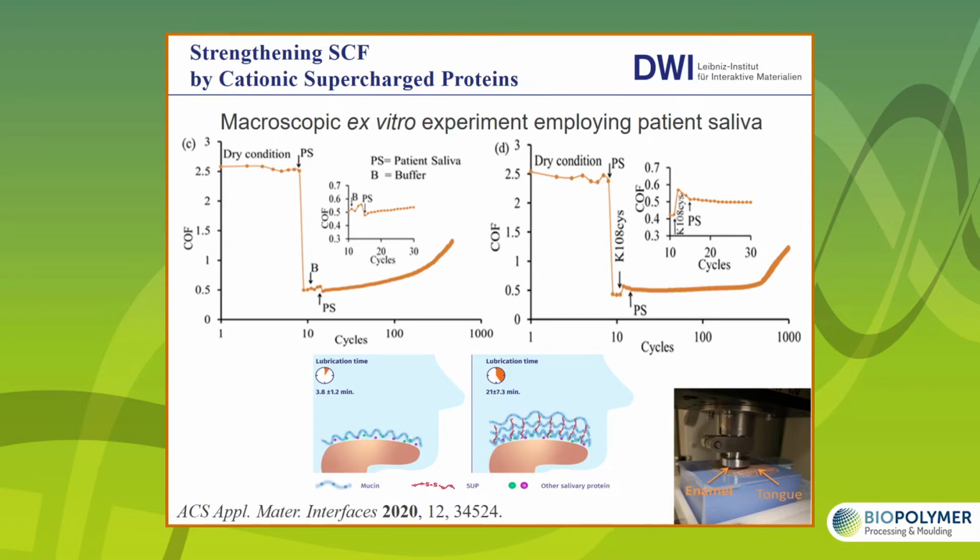What we learn from these friction experiments is once you just add the patient saliva, the existence of this layer is not durable for a long time. That means after a couple of minutes, around 3 to 4 minutes, the low friction phase is lost, and then patients would again need to spray the new saliva.